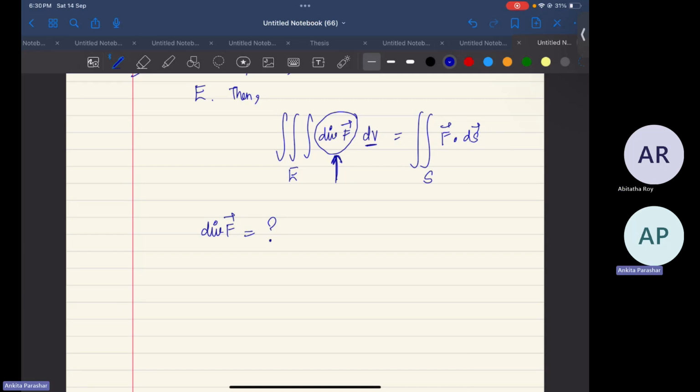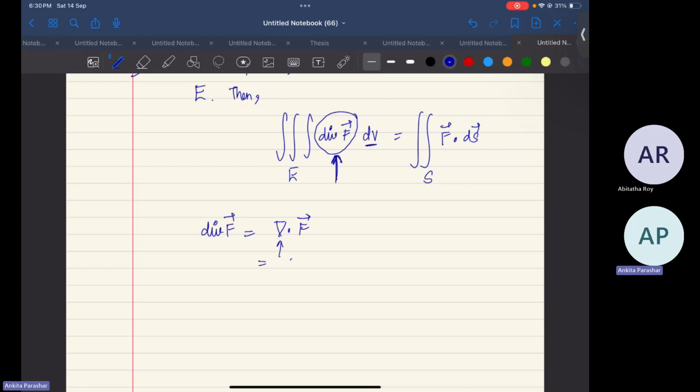If I want to find a scalar from two vectors, what would you do? Dot product. That's all. So it is del dot F. For curl F it was del cross F. For divergence, it is del dot F.